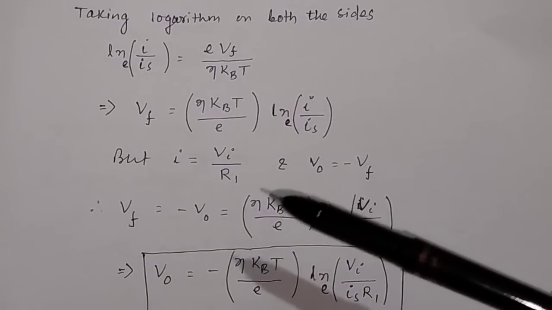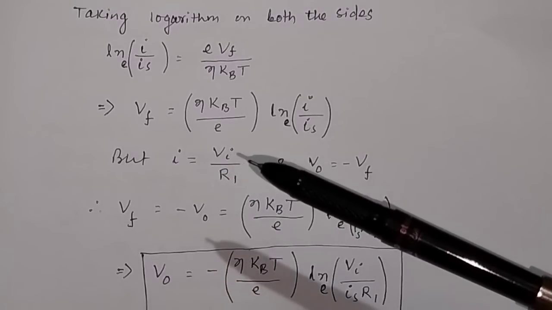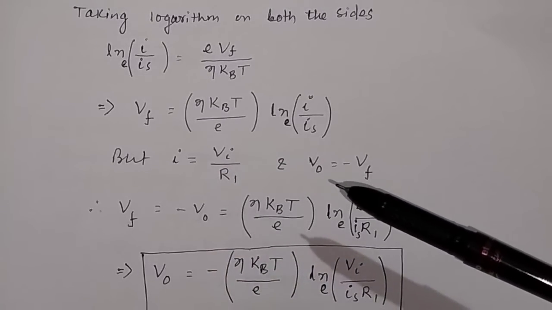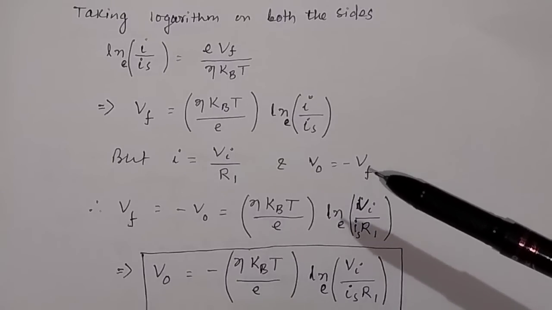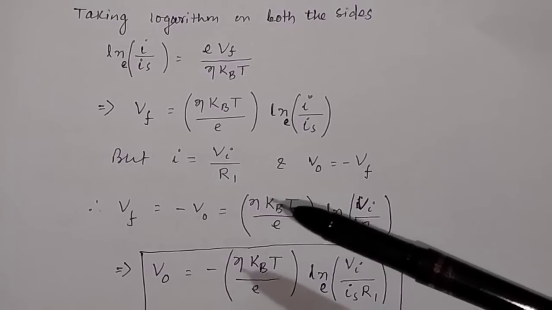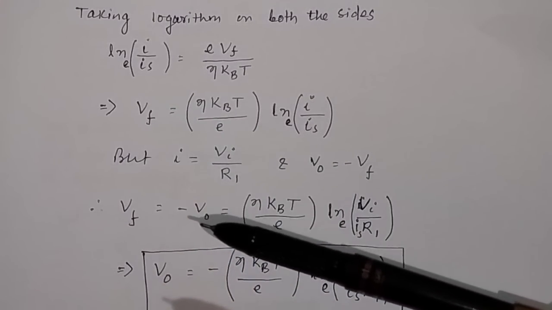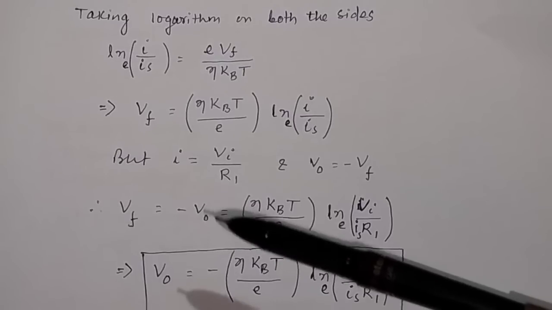So here the input current is equal to input voltage divided by input resistance, and output voltage is equal to minus of Vf. So what will be Vf? Here Vf can be written as minus of V output.